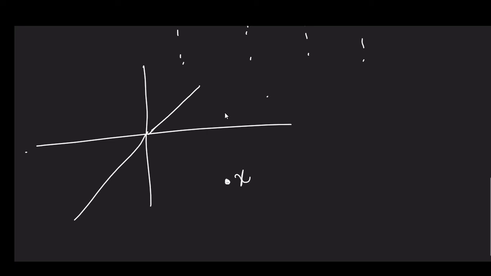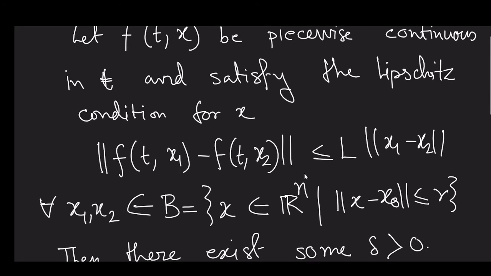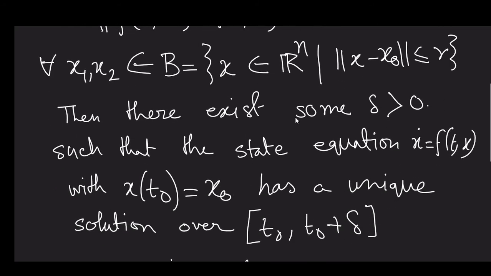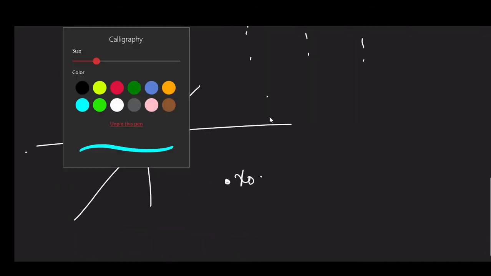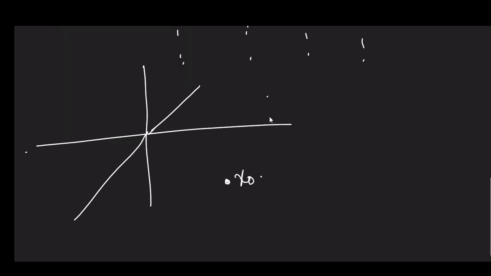Here you have x naught. Now what it tells is that this ball is such that it is like you are having a ball around this point.